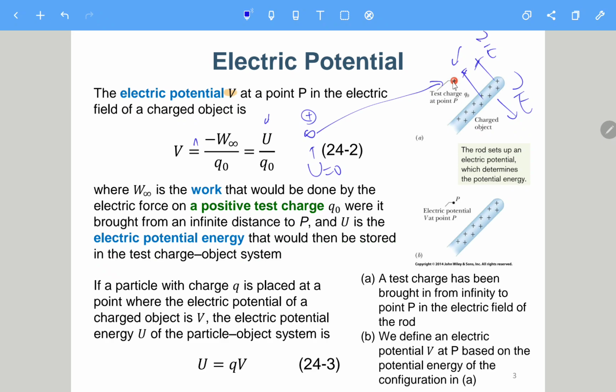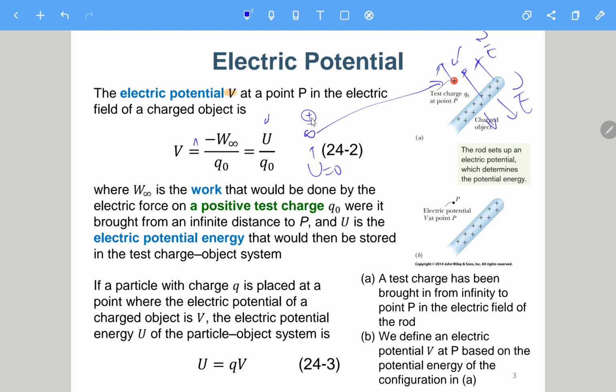Okay, so there's an E field. And if you need to place this test charge to here, you need to have some force, because this is a positive charge and this is a positive charge. So they have repelling force according to Coulomb's law.